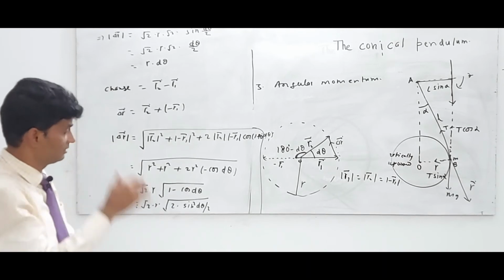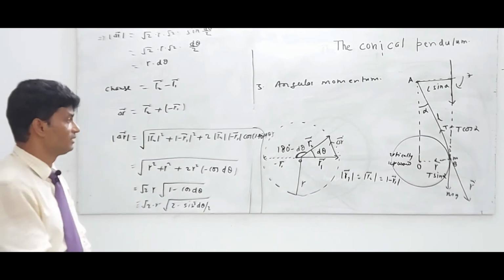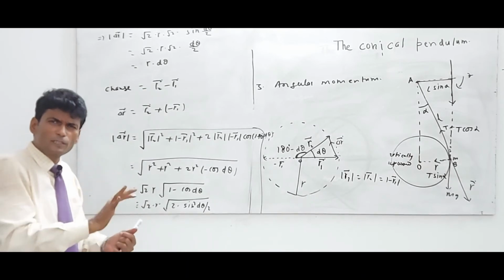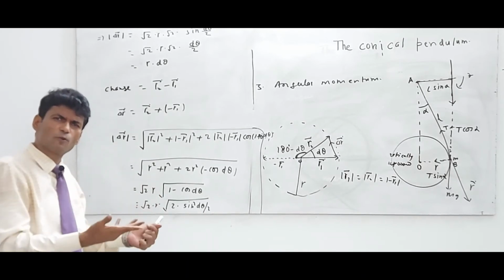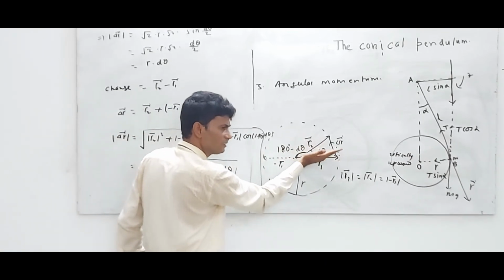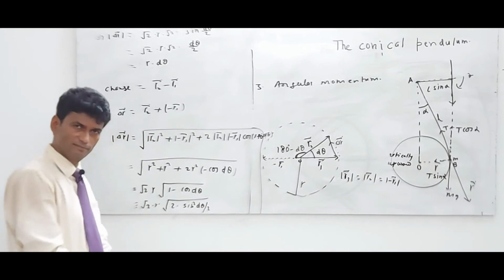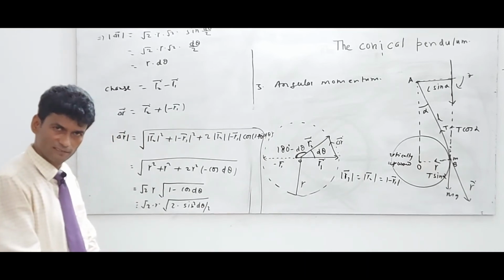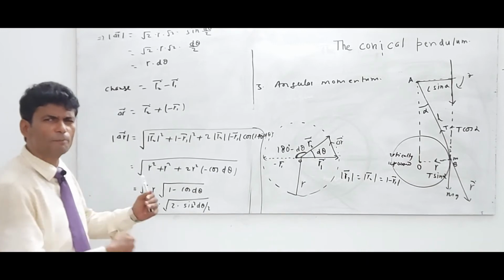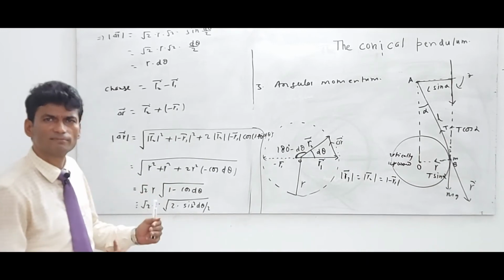Look at, d theta is very small. We are able to see it by any magnifying microscope. So it becomes almost perpendicular to vector r1.